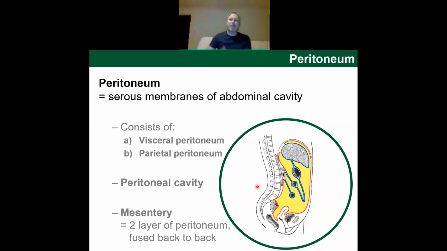So infection, for example, cannot spread from outside the peritoneal cavity to inside the peritoneum. Also, an infection within the peritoneum cannot spread to other parts of the body. In addition, like we discussed, it anchors structures in place.